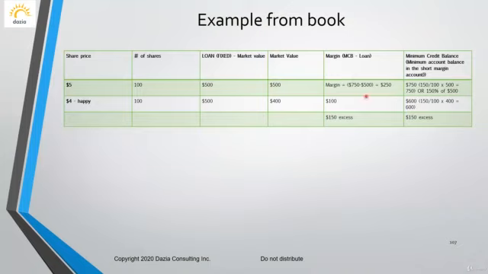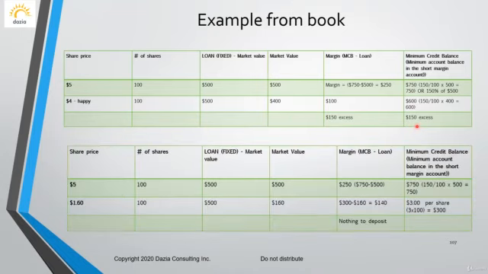So it went down. You had put in 250 before. Now the company is saying we only need you to put in $100. So you obviously have extra money available. So 250 minus 100, you have $150 excess. Same thing here, you could also take a look at the minimum credit balance. It was 750 and now 600 is the requirement. So you have $150 excess.